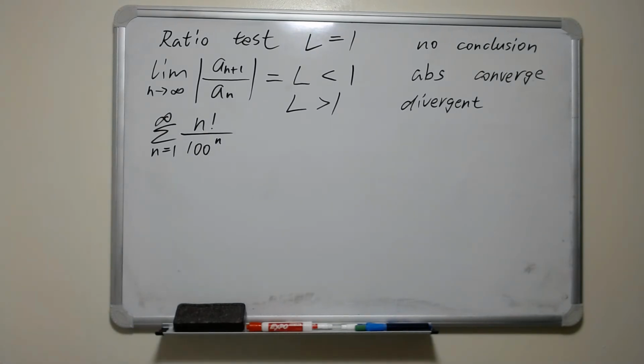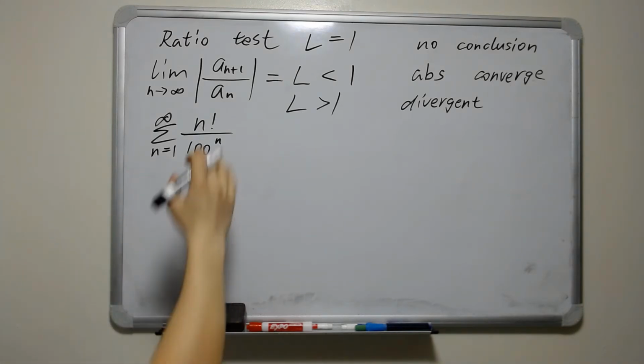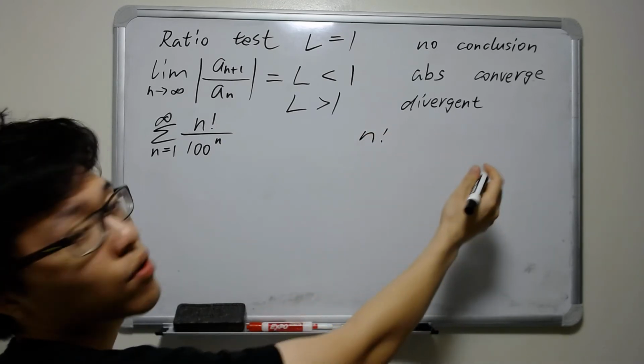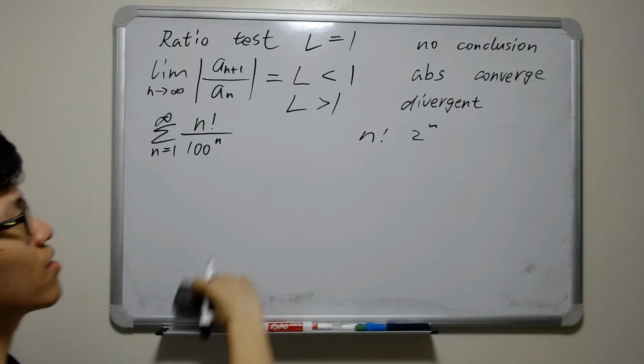In this case, I have to say the ratio test works very well for some series that contain n factorial, or some 2 to the n, something like that.